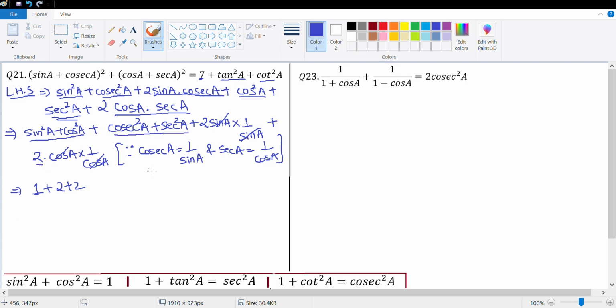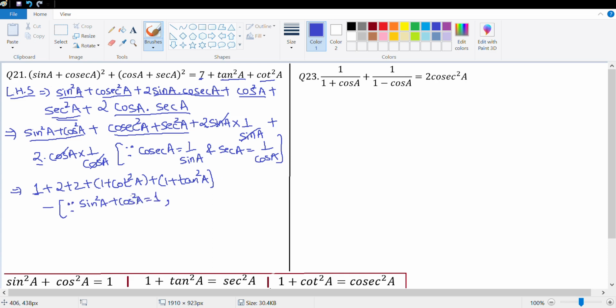Cosec square we know is equal to 1 plus cot square a, and sec square is equal to 1 plus tan square a. Now let's write the reasons. There are 3 things we've done. Sine square a plus cos square a is equal to 1.